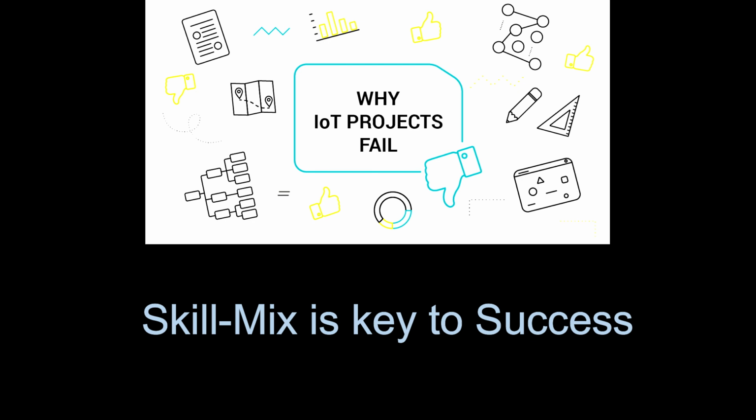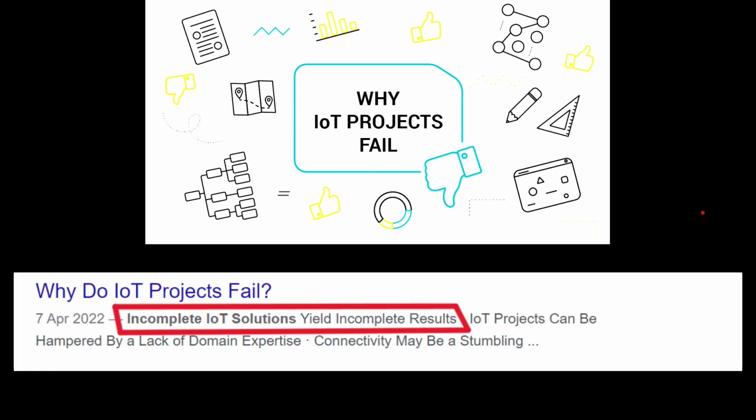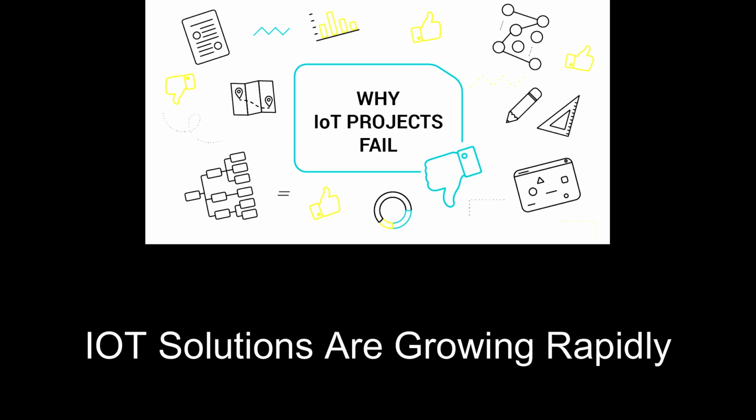The third one is that incomplete IoT solutions yield incomplete results. We know that this technology is evolving at an unprecedented rate, and so are the applications for these solutions, and there are different applications on top of IoT.